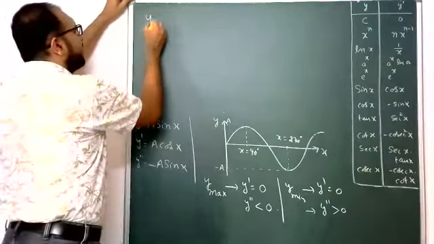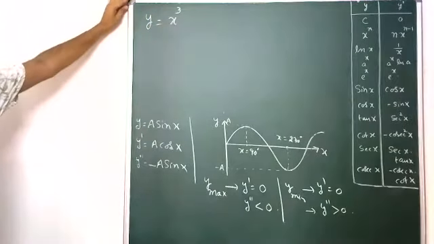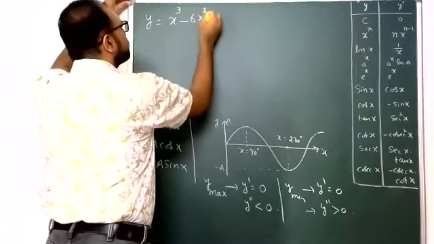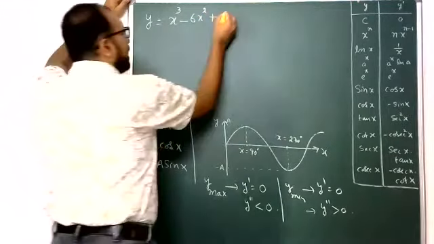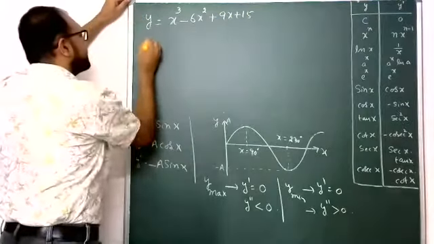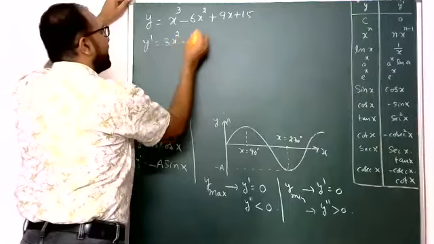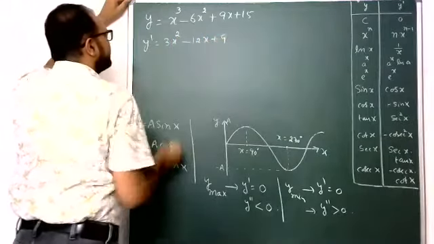Suppose, students, y equals one function: x cube minus 6x square plus 9x plus 15. What is the first derivative? 3x square minus 12x plus 9.